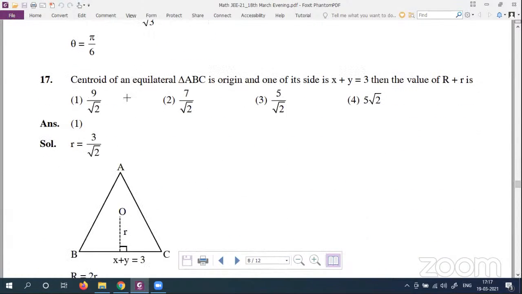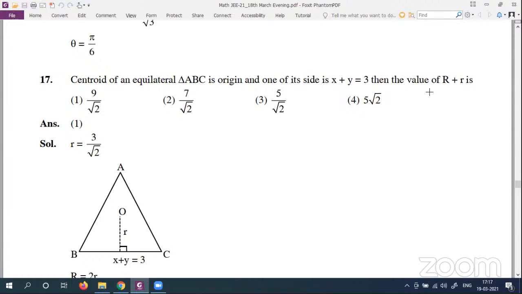Next, centroid of an equilateral triangle ABC is given. The centroid of this triangle is the origin, and one of the sides is given.